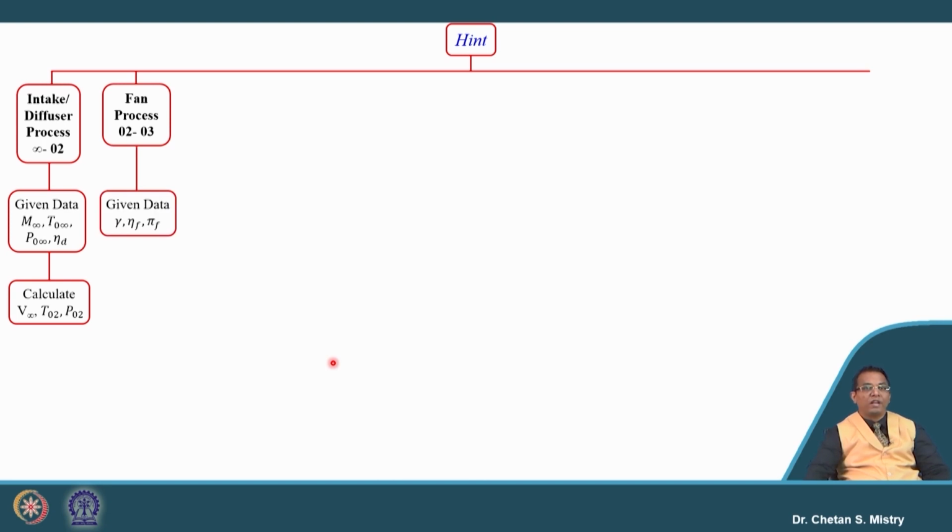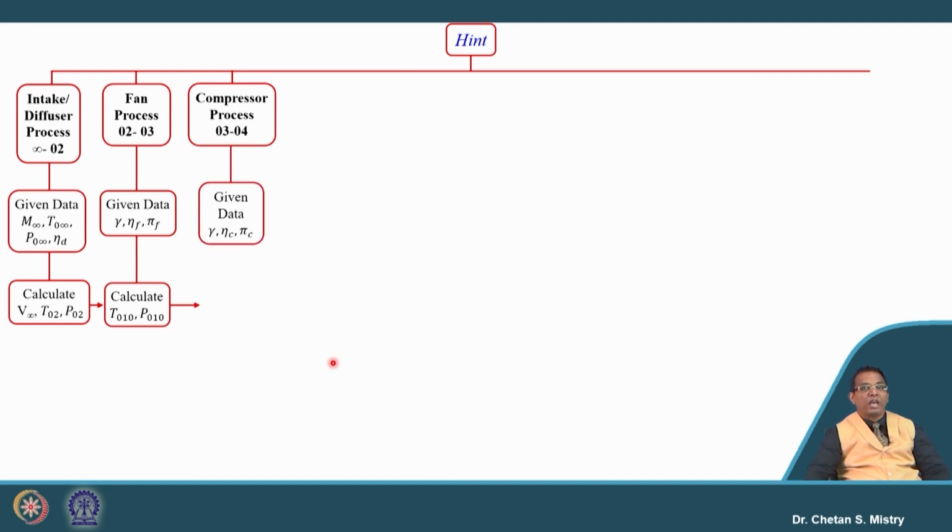In the same way for the fan, pressure ratio and efficiency are known to us, and we will calculate the exit pressure and exit temperature. The next component is our compressor, for which the information given is pressure ratio and efficiency. Based on that, we will calculate the exit pressure and exit temperature.